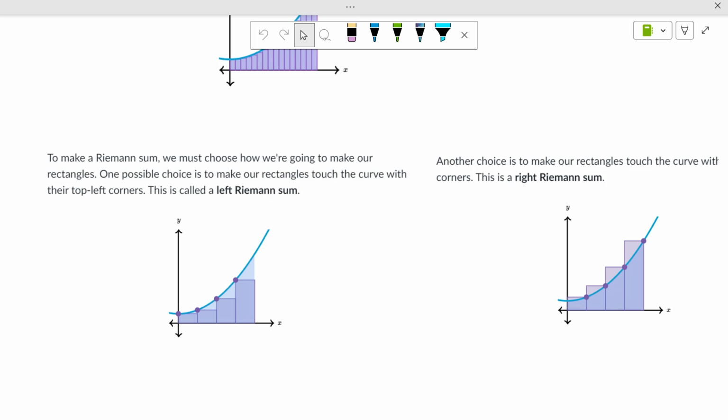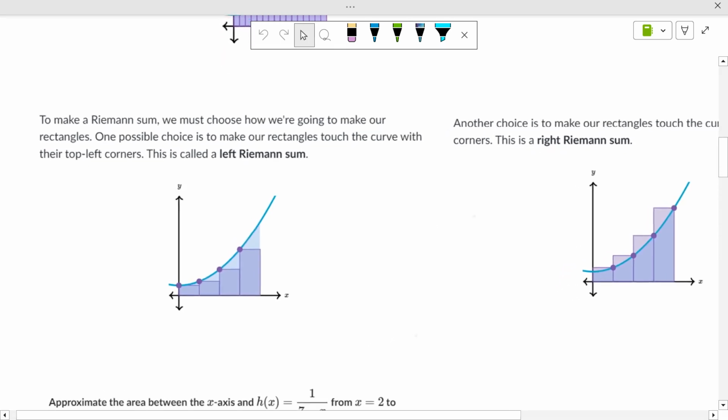When you get smaller and smaller rectangles and more rectangles, it goes to a limit. Oh, we're going to tie limits in with this too. Not right now, but later.